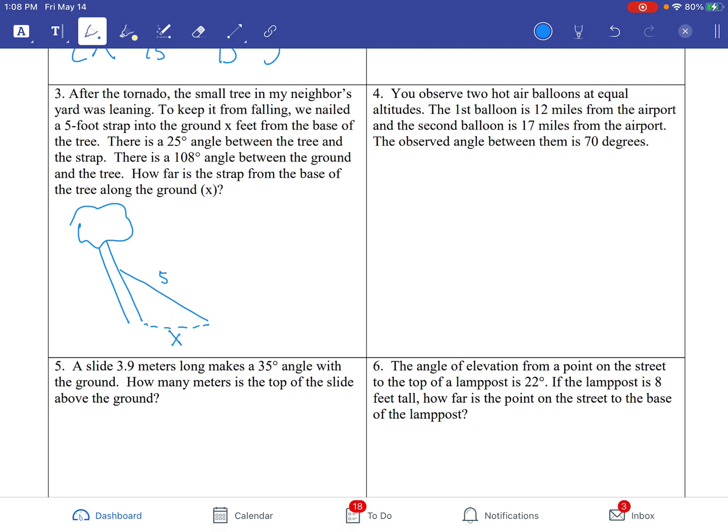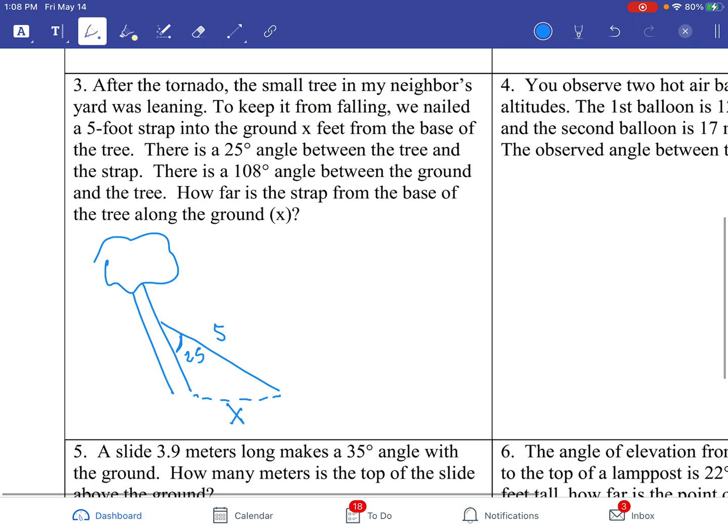There's a 25-degree angle between the tree and the strap. So here's the tree and the strap. This is 25 degrees. There's a 108-degree angle between the ground and the tree. How far is the strap from the base of the tree? So we don't need to find that. We have all our information in there in our problem, and we're done.